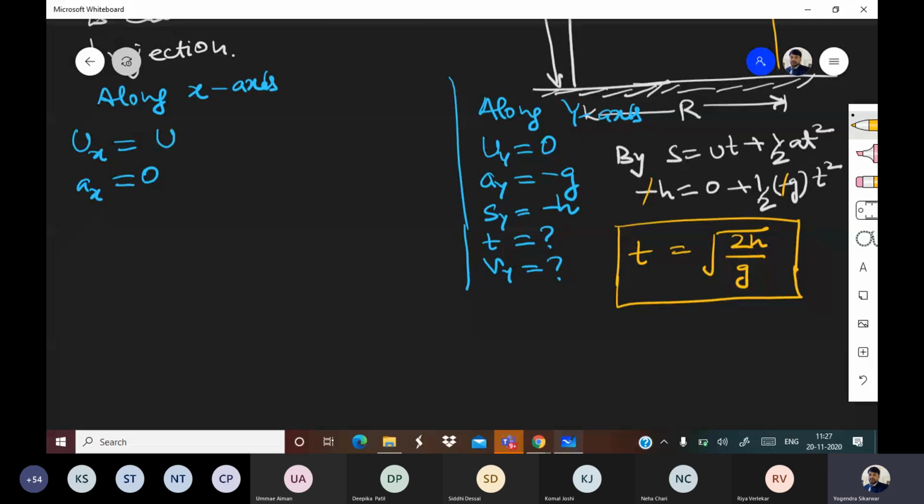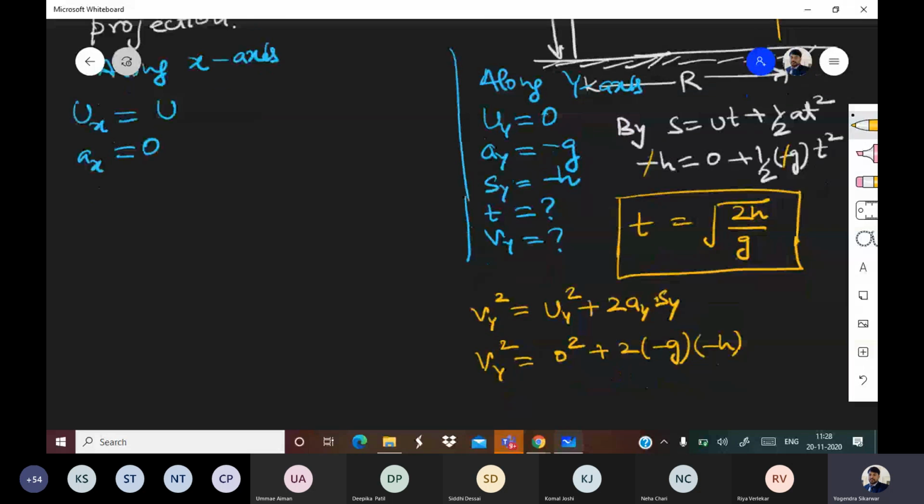Now for velocity. So Vy square is equal to Uy square plus 2 Ay into Sy. So Vy will be, Uy square is 0, plus 2 Ay is minus g into Sy is minus h.